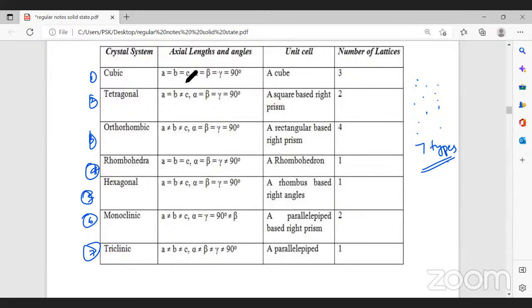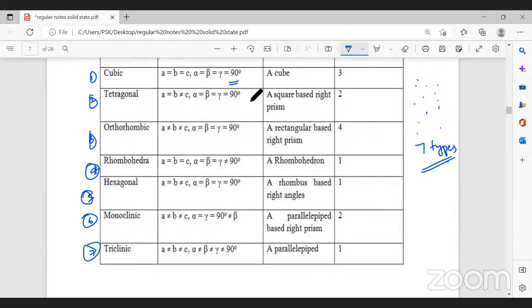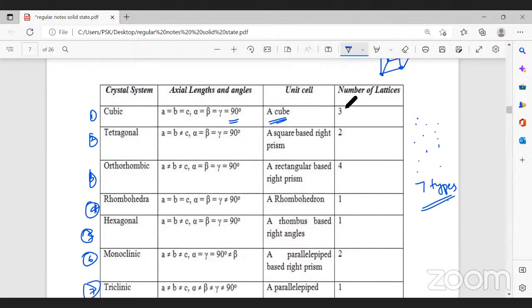And also alpha is equal to beta is equal to gamma, equal to 90 degrees. Such a unit cell is called a simple cube, and it has a number of lattices, which we will learn in the next slide. It is named after Auguste Bravais, and is called the Bravais lattice.